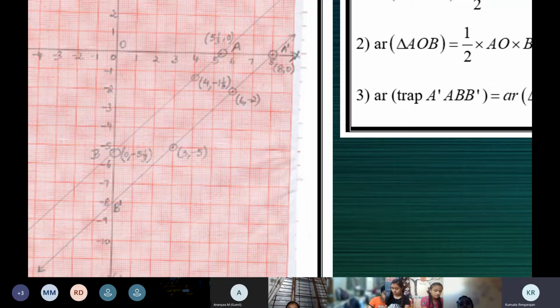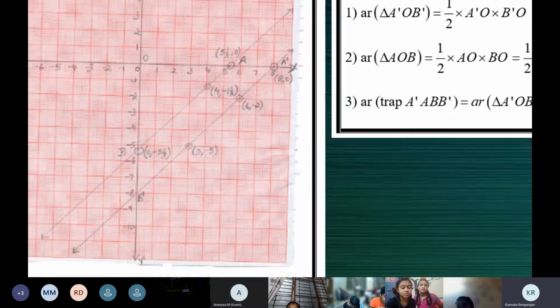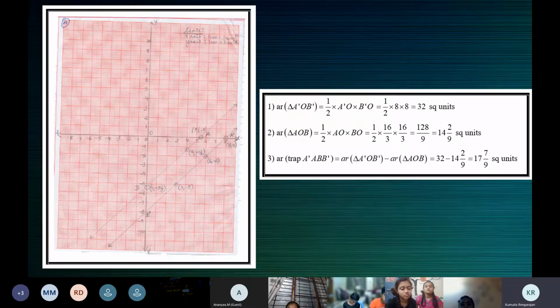Because when it's a fraction, here I've taken the value 16 by 3, which is exactly 16 by 3, two times, and then only once I have divided by 3. It makes a very small difference, Ananya. I won't say you shouldn't. It's fine. You can take 5.3. You can take OA and OB as 5.3 also, children. Fine.